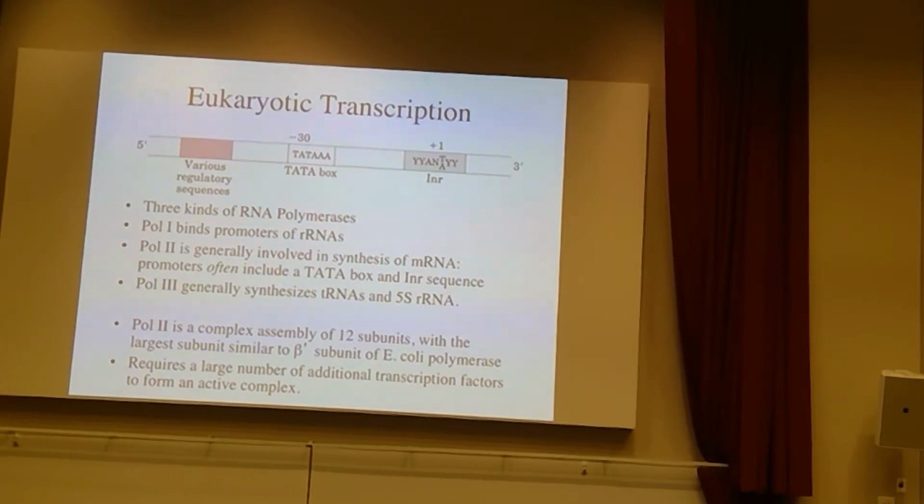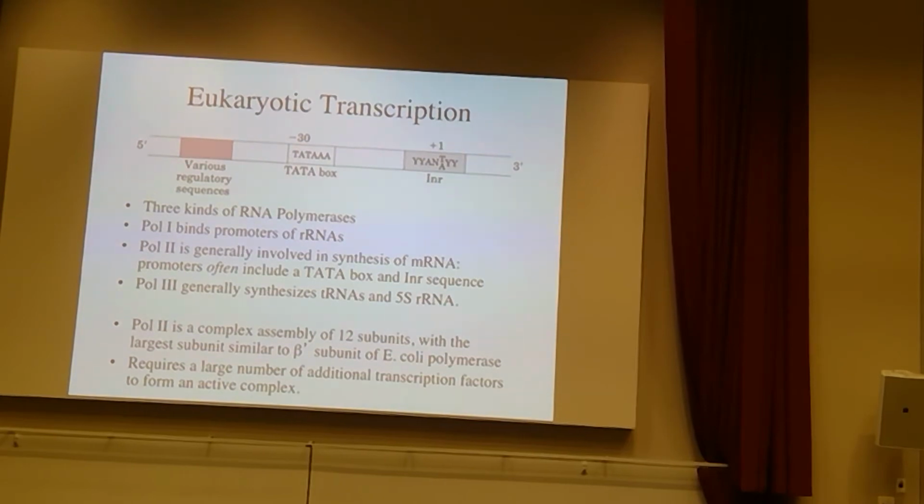Pol-2 is usually involved in synthesis of mRNAs, and we'll be talking a lot about polymerase 2 today, looking at its structure and thinking about how it engages its promoter. And polymerase 3 generates transfer RNAs and also the 5S ribosomal RNAs.